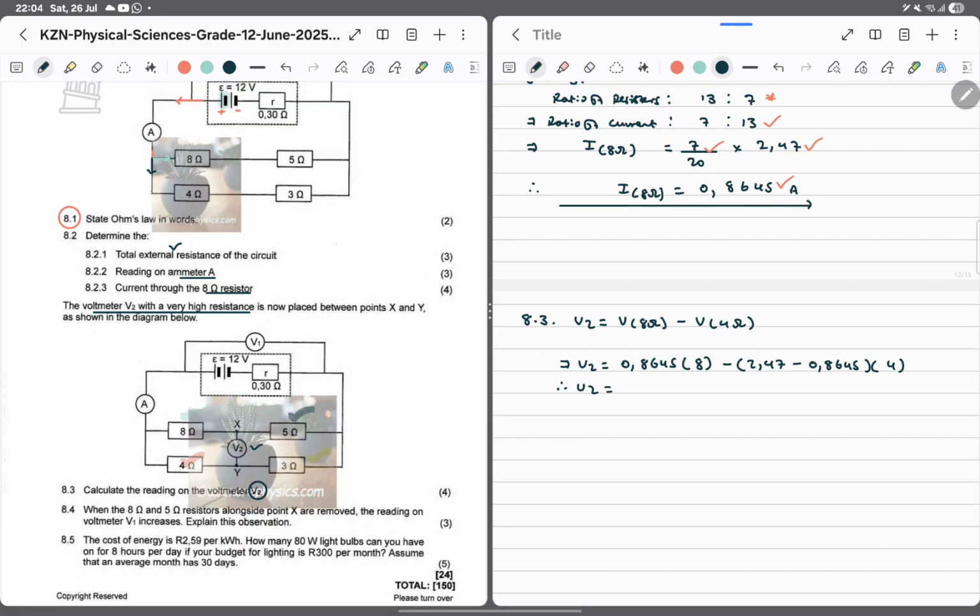Minus 0.8645 into 4. Okay, it means we did not invert it, so I'm getting 0.494 volts. Nice and easy.